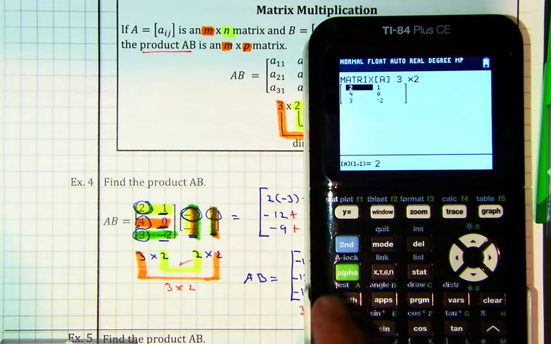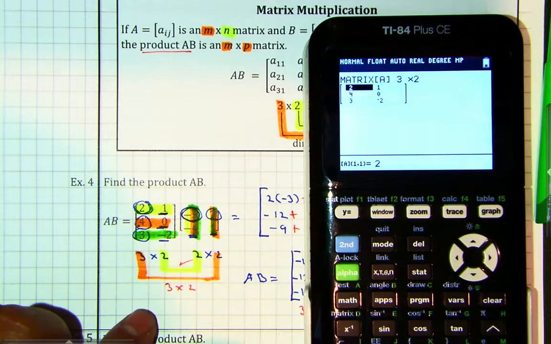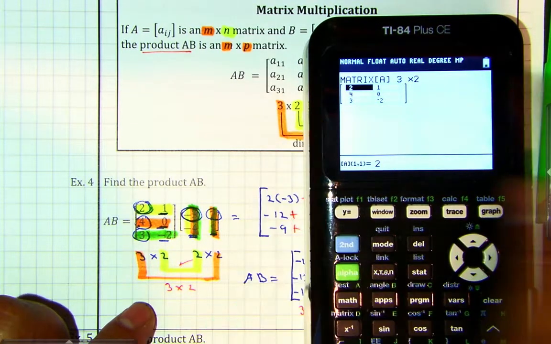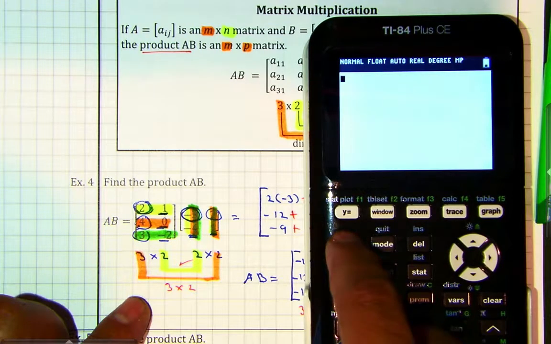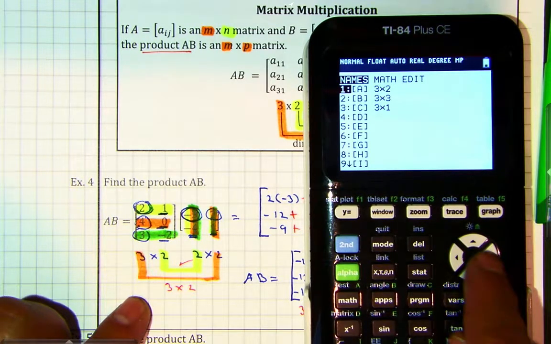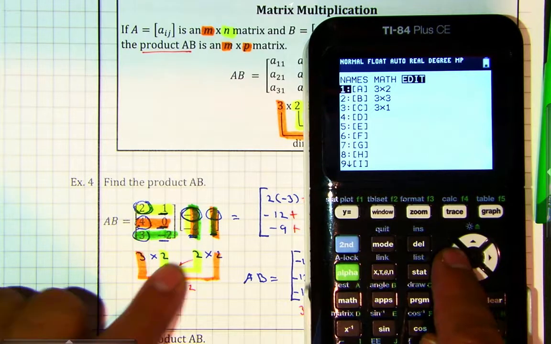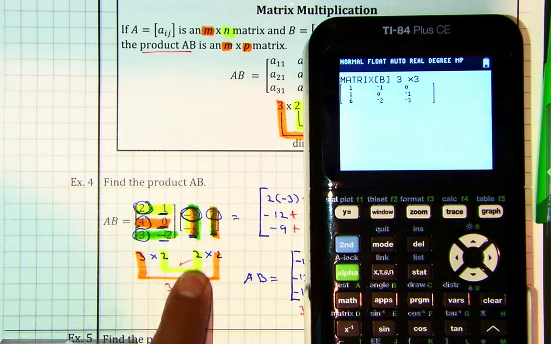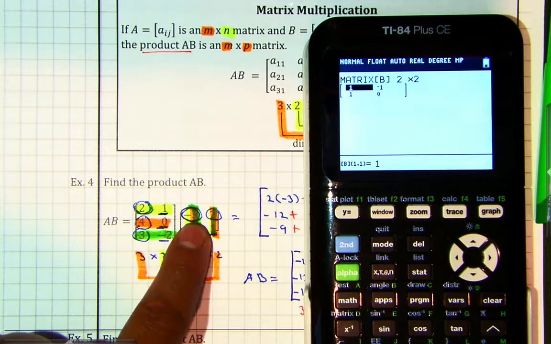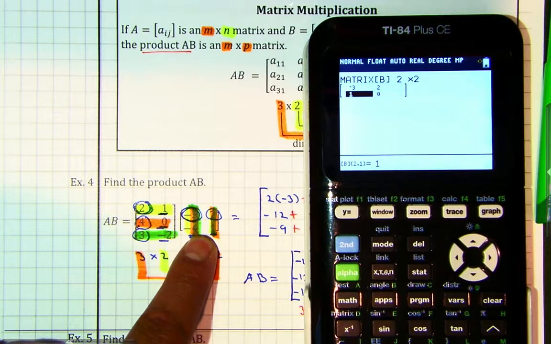And now I'm going to go back. I can quit, or I can just go back second matrix, and my matrix is there for the first one. Now let's go and change the second one. Edit. Now it's a 2 by 2, so now it changes it. So it gives you negative 3, 2, negative 4, and 1.